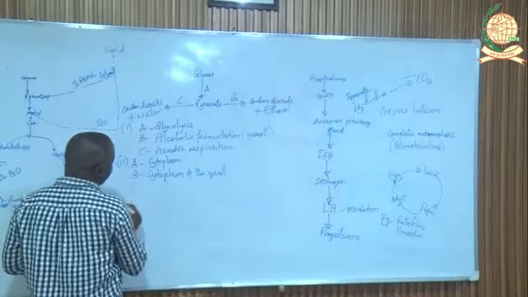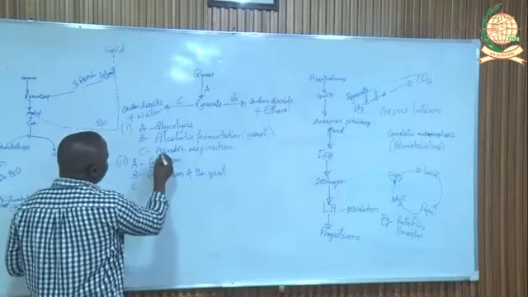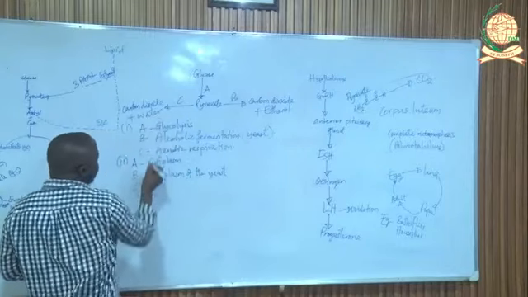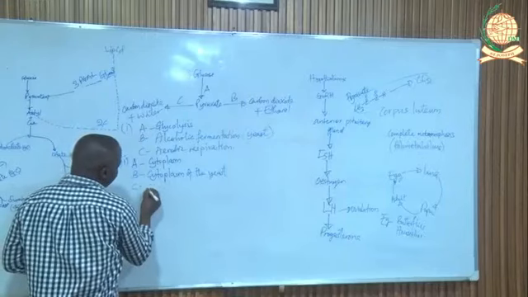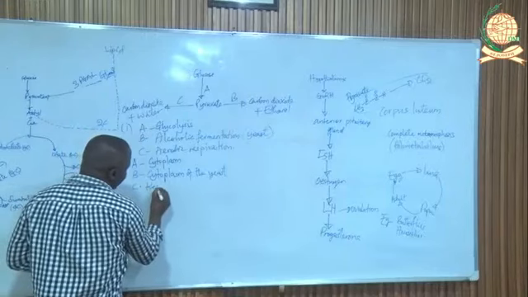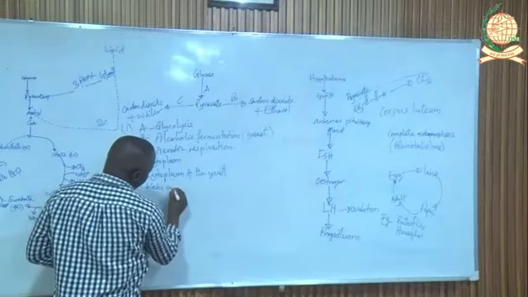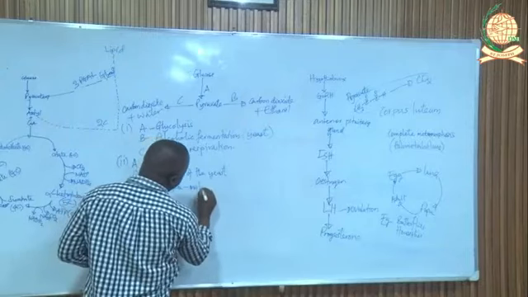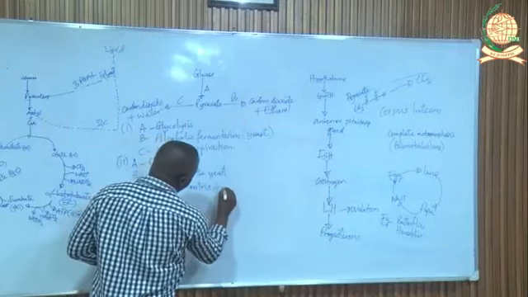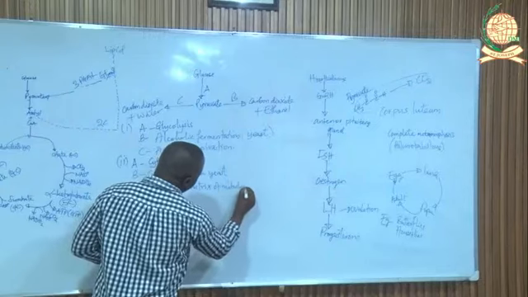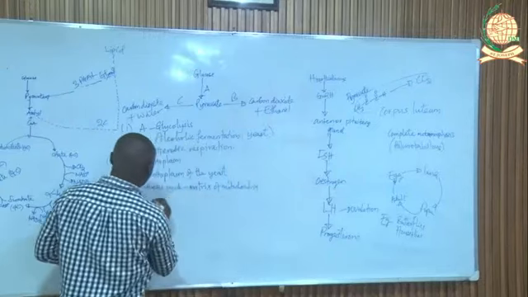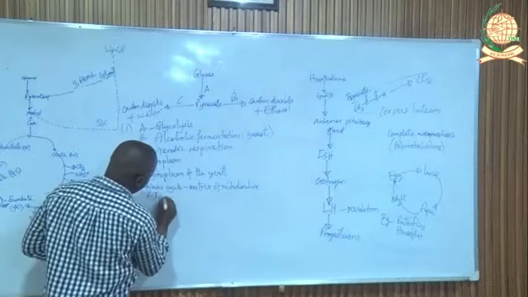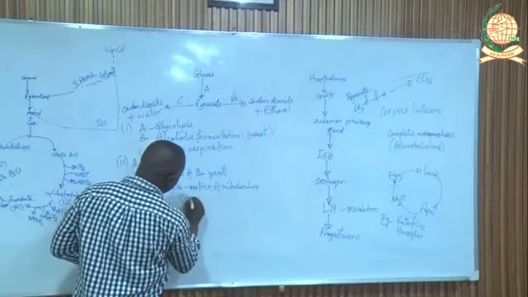And C is aerobic respiration, which involves 2 stages. There is the Krebs cycle, which occurs in the matrix of the mitochondria, and there is the electron transport system, ETS, that occurs on the cristae.